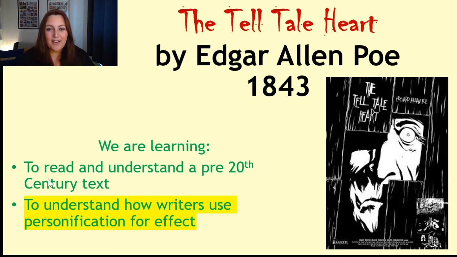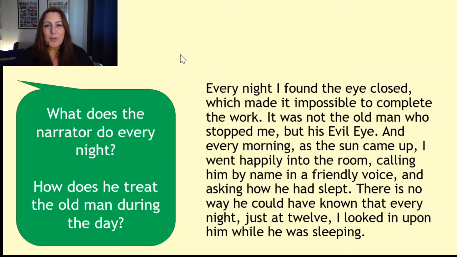Today we are going to understand how writers use personification for effect. If you don't know what personification is, you're in the right place, because we're going to learn about it today. We're going to start by continuing our reading of the story, and a quick reminder as to what happened in the story last lesson.